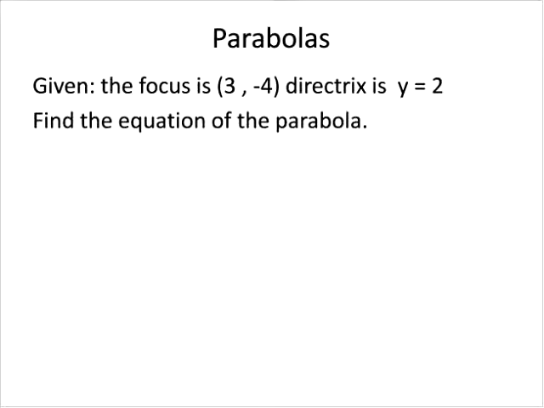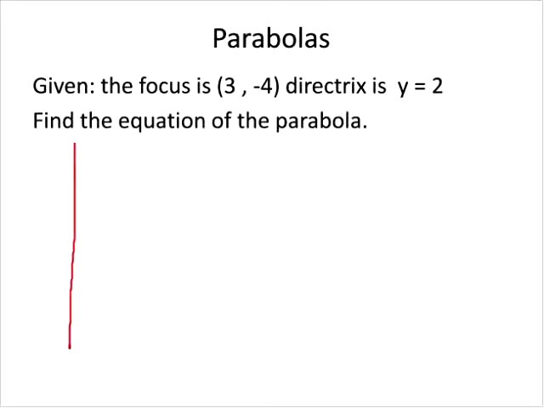This time, instead of being given the parabola, I will be told some information, and I want to write the equation of the parabola. So the first thing I'm going to do is look at what they're telling me. The focus is at 3, negative 4, and the directrix is the line y equals 2.